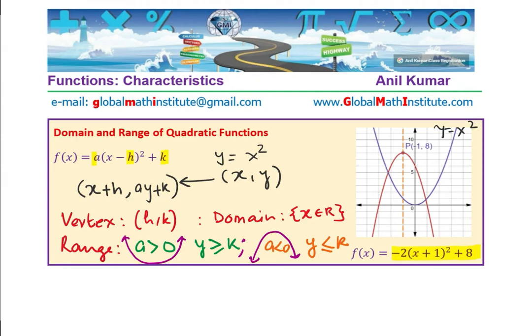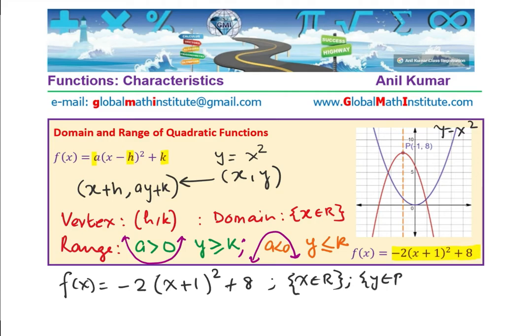Well, clearly, for the function f(x), a equals -2, which means it opens downwards, right? Perfect. And since it opens downwards, we have an absolute maximum value, right? So the domain, as I was saying, will be all real numbers. And as far as the range is concerned, the y values will be less than or equal to 8 in this case, right?